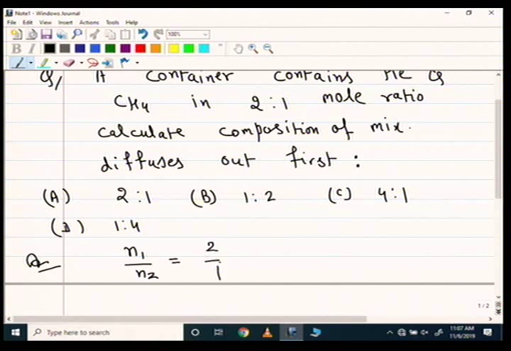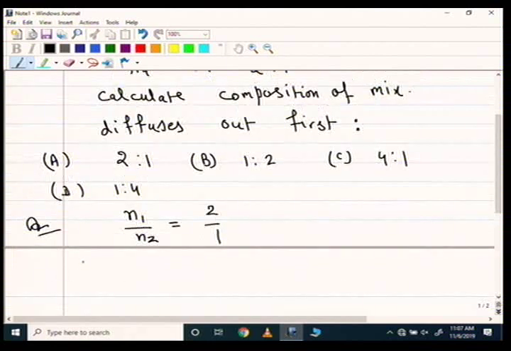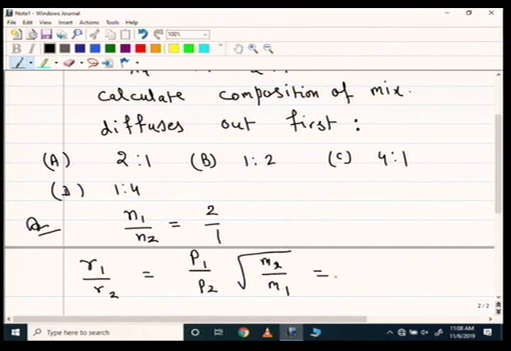They are asking us for the composition that diffuses out first. Ultimately, they are asking for this ratio, R1 by R2, which is P1 by P2 under the root molar mass of 2 upon molar mass of 1.